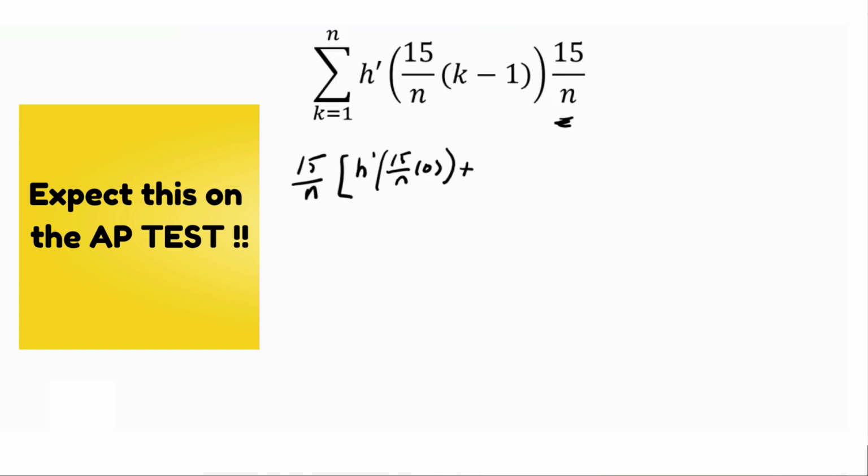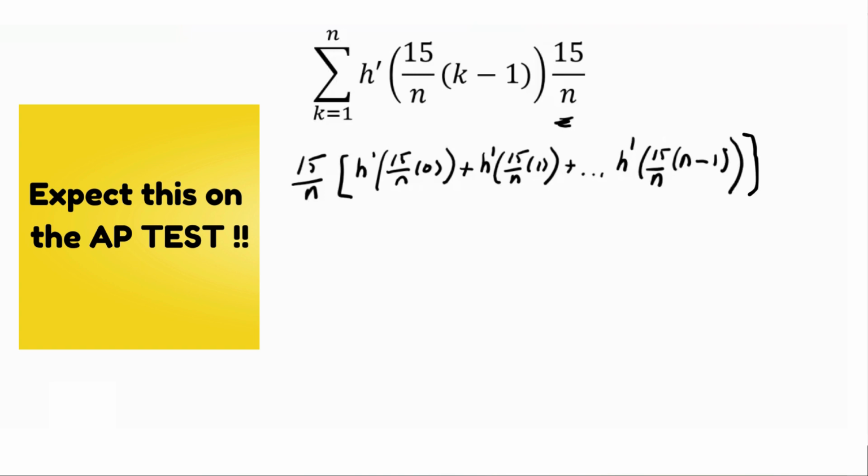Then the next term, when k equals 2, we would get h prime of 15 over n times 1, plus dot dot dot. If we go to the end here, we would get h prime of 15 over n times n minus 1 for the last term.